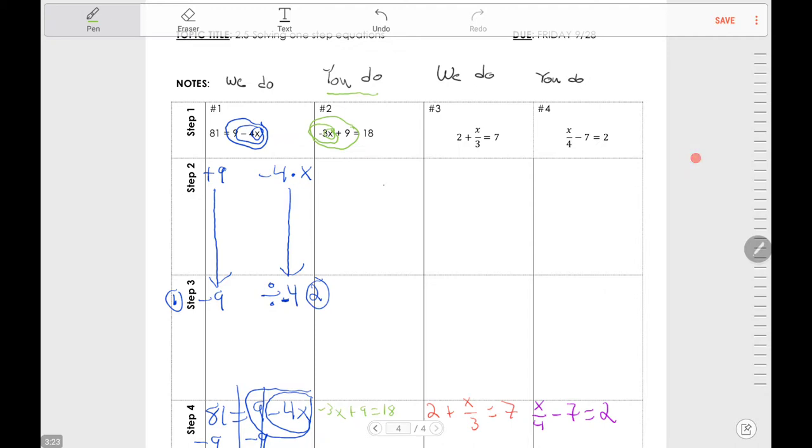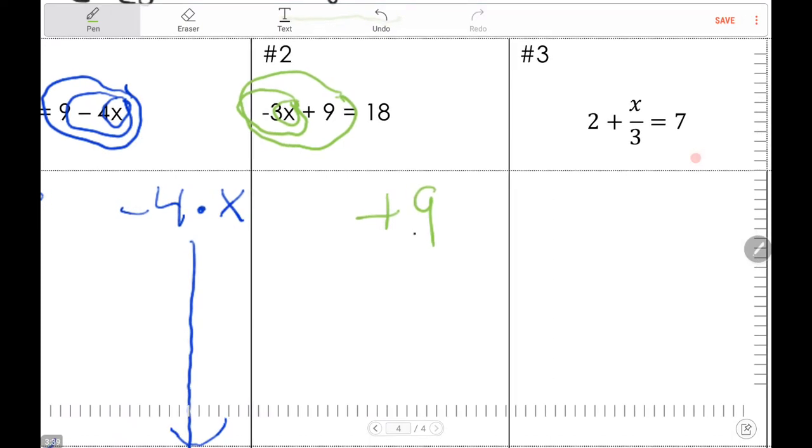Do step 2. Okay, well, hopefully this is what you did. You said we're adding 9, and we are multiplying by, what are we multiplying by? -3. So -3 times x, and we are adding 9.